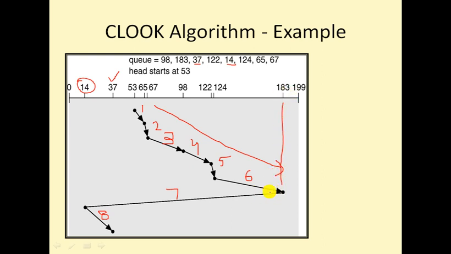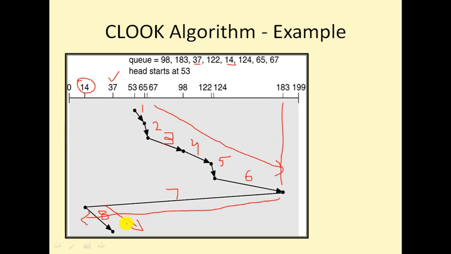From there it directly moves to the last request available in the opposite direction. From that point again it turns and visits all the remaining requests. Okay, so that is about the CLOOK algorithm.